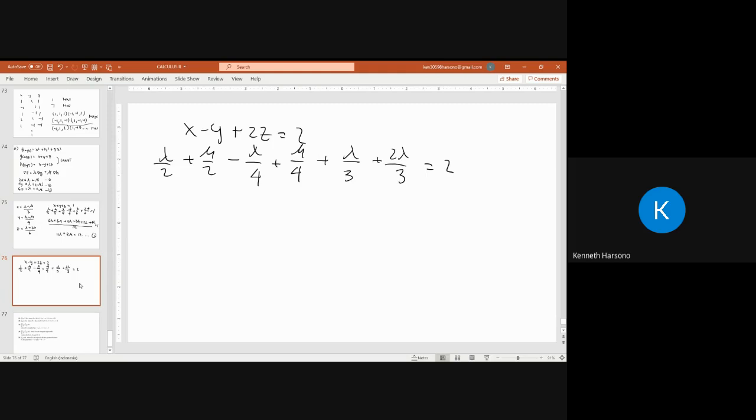Again, equalize the bottom part with 12. So 6 lambda plus 6 mu minus 3 lambda plus 3 mu plus 4 lambda plus 8 mu, all over 12.